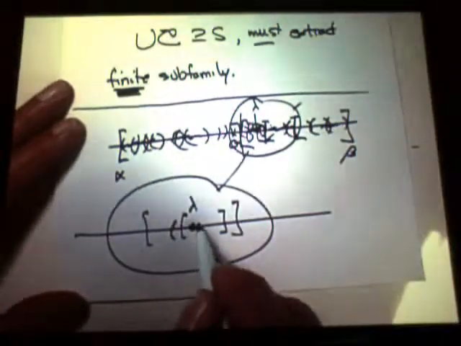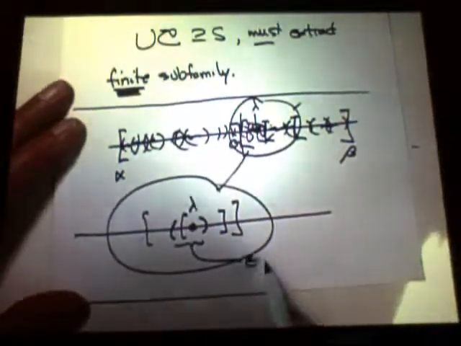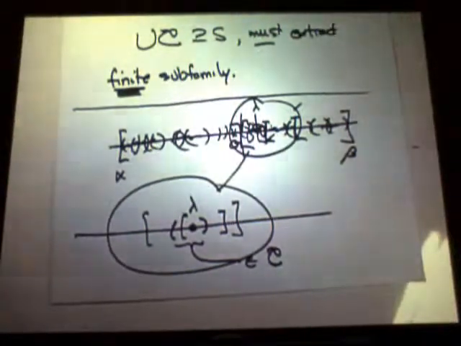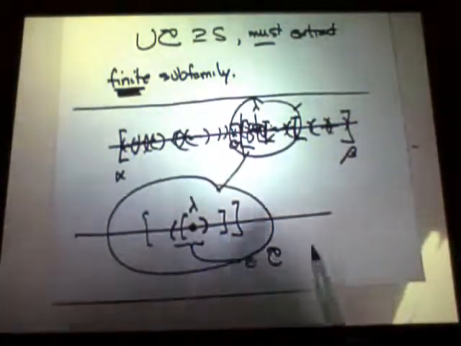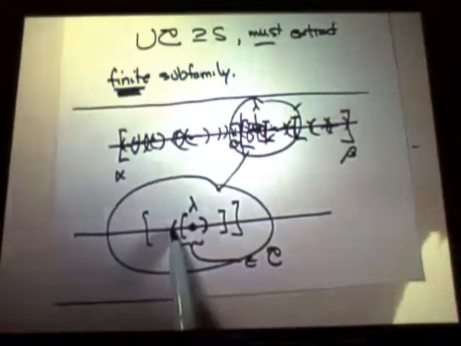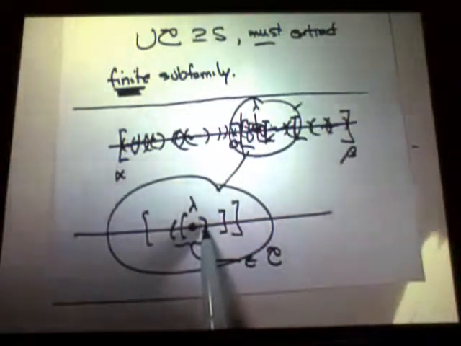Well, okay, there he is. This set here belongs to C. He was in the collection because lambda was covered. Lambda's in S, it had to be covered by somebody in C. All right. This thing has a certain size. You can go from lambda to this wall or lambda to this wall. Let's say the shortest distance there is epsilon. So the short side is epsilon.